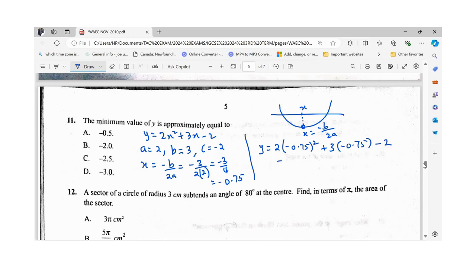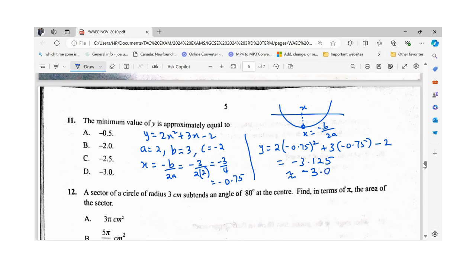Here you want to make use of your calculator, and that will give you minus 3.125, which is approximately equal to minus 3. You look at it, you will see that the closest here is actually minus 3.0.